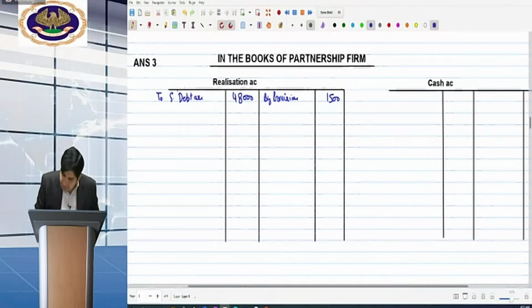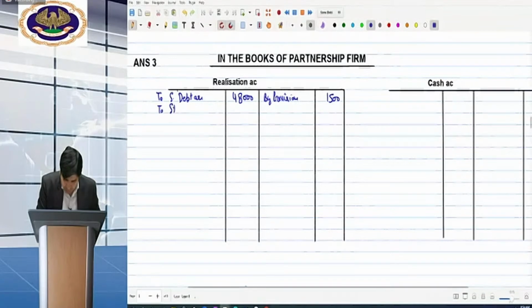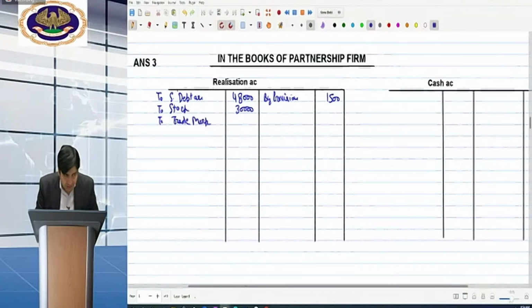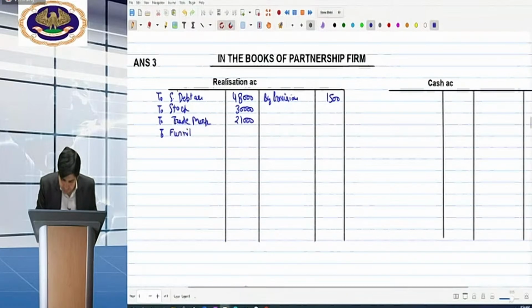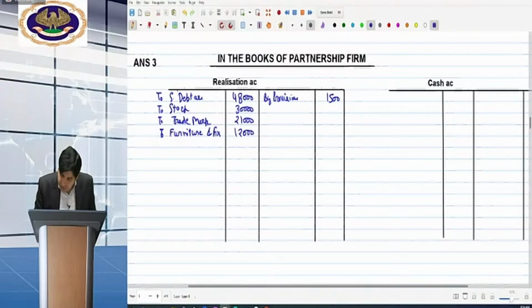Anyways, to stock, to trademarks 21,000, to furniture and fixtures 12,000.